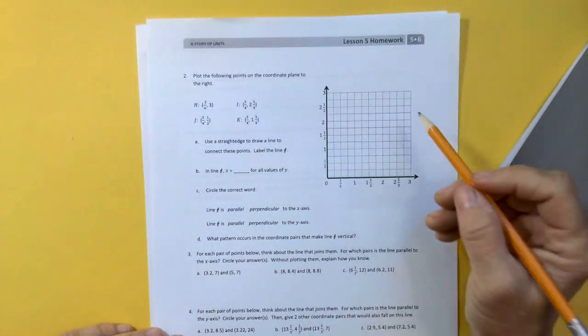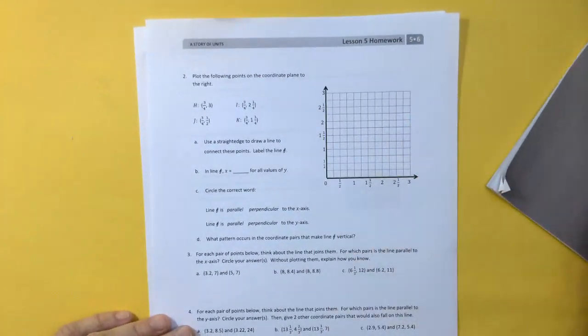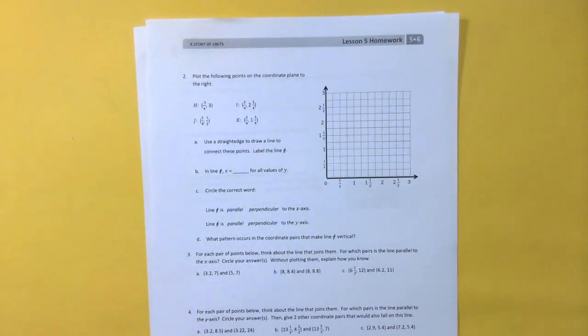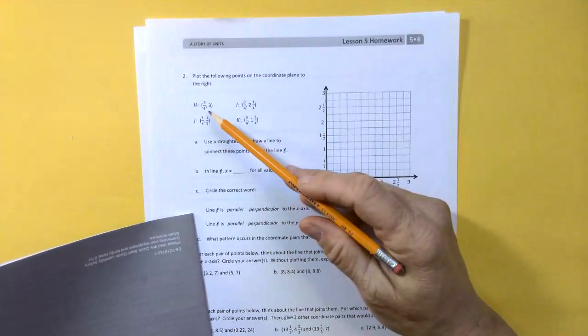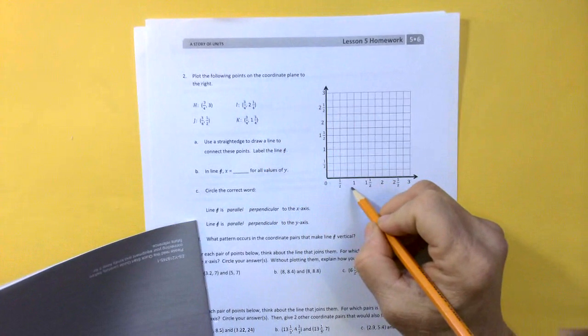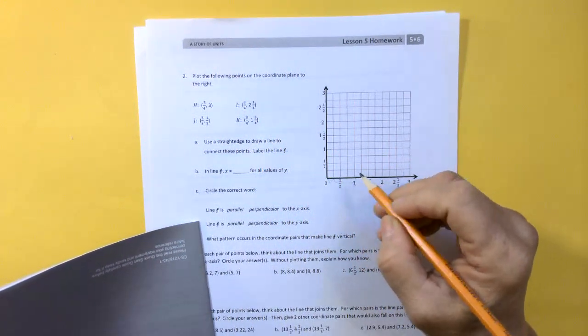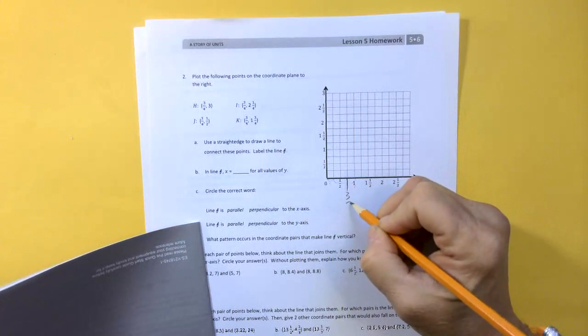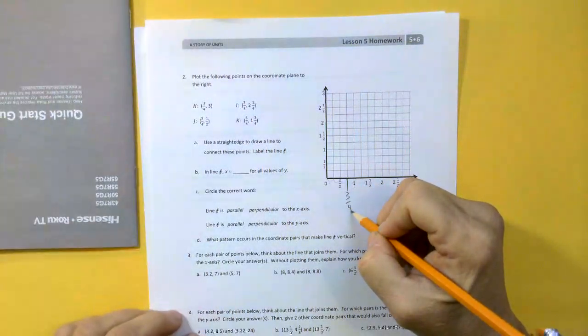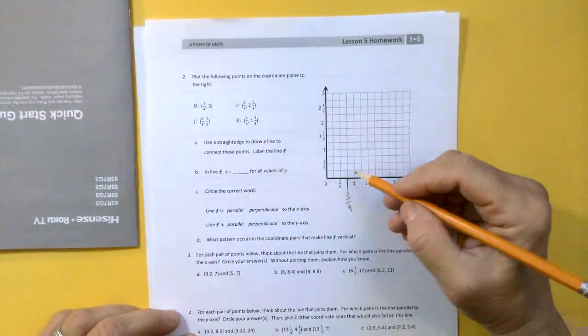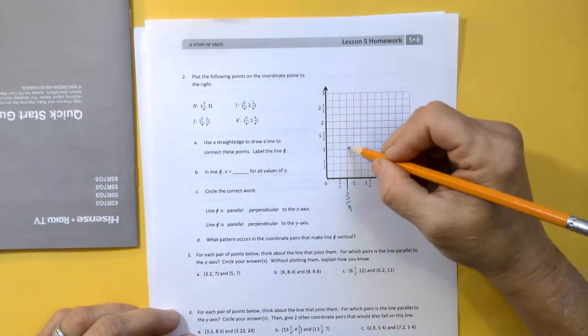All right, number 2, plot the following points on the coordinate plane to the right. 3/4, so this one's counting by 1, 2, 3, 4 fourths, right? So I'm just going to label 3/4 here because I'm seeing a pattern of 3/4 and 3.